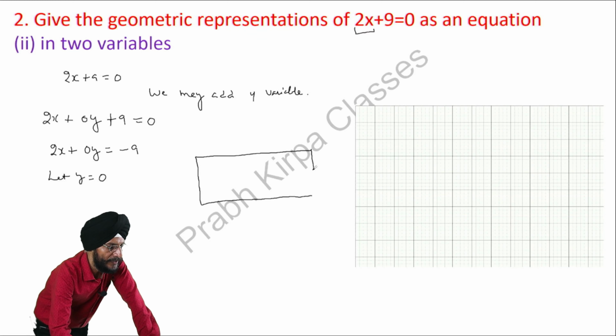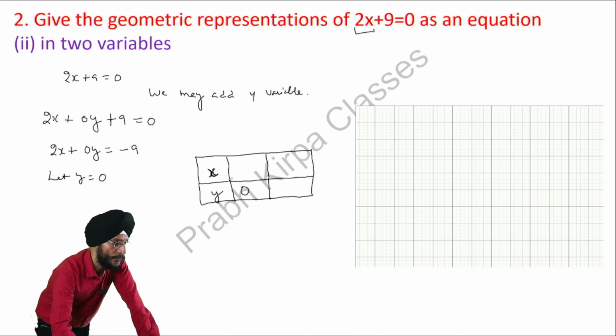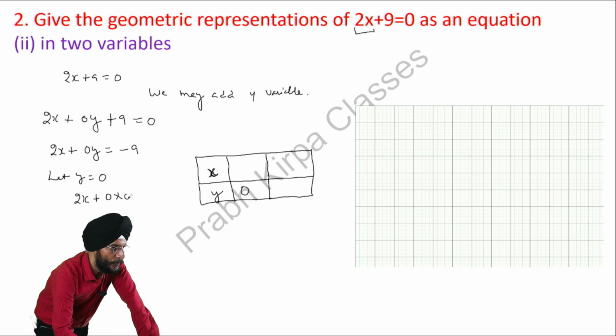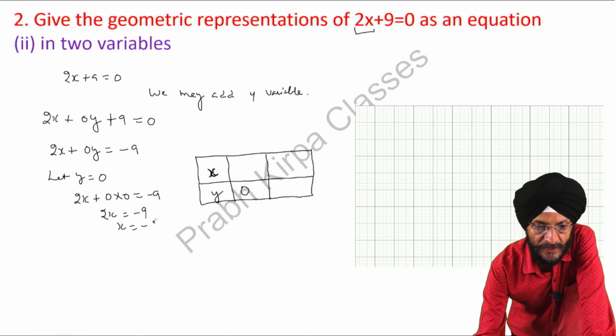We will form here a small table where we will write the solutions or the values which will be arrived at. Here we have assumed the value of y is equal to 0. When the value of y is 0, what will happen? 2x plus 0 into 0 is equal to minus 9. 2x is equal to minus 9. X is equal to minus 9 over 2, that is minus 4.5.